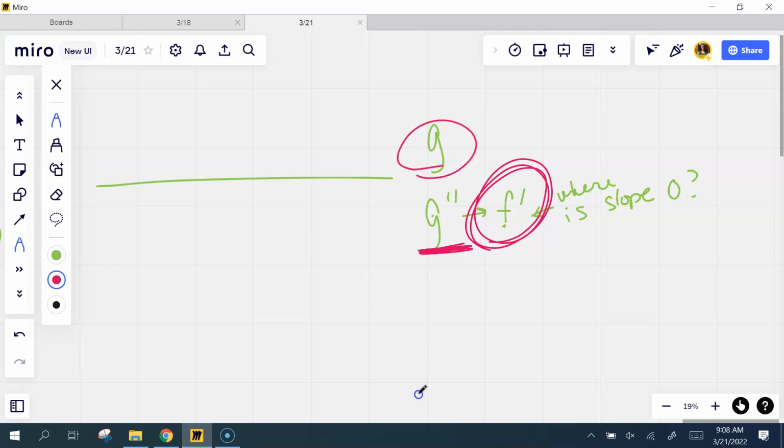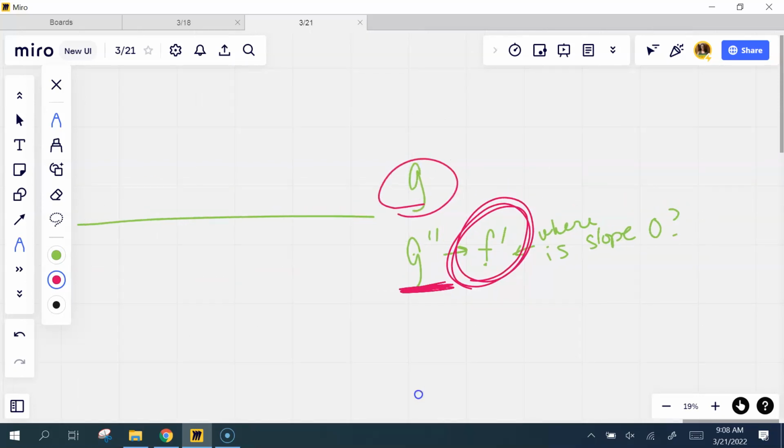right, f is... So that graph that you're given, f of x is the same thing as g prime of x. So the graph that you're looking at is a first derivative graph, of g. Okay, first derivative, but it's the normal f. Correct.